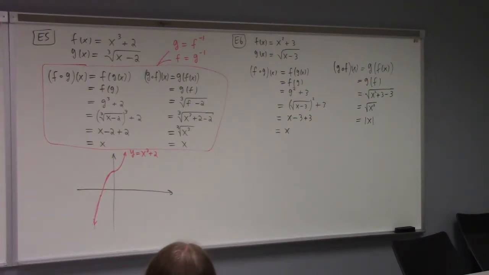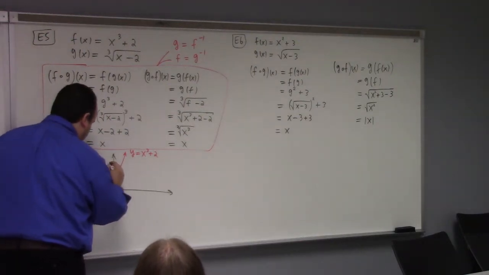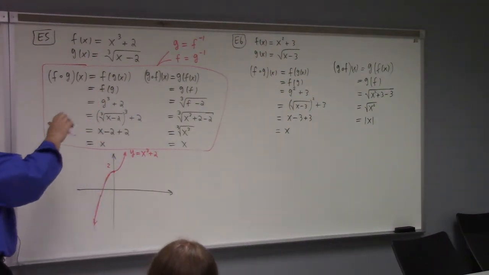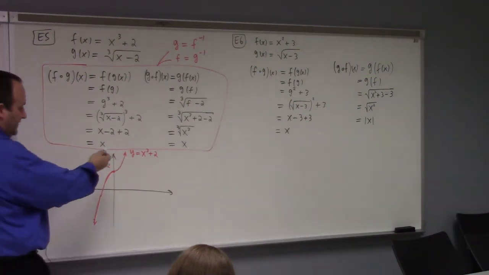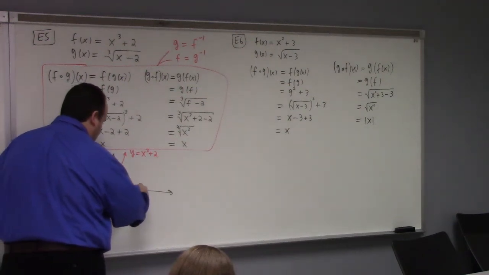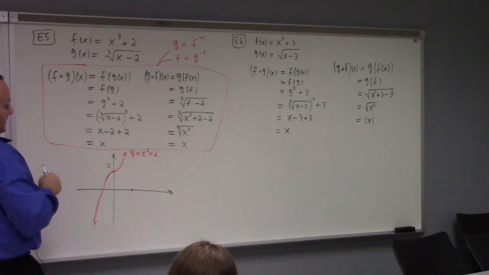What's the graph of g inverse look like? It's the cube root function, right? Shifted 2 to the right, and I'll draw that one in blue. And check this out: there was a y-intercept of 2 for the function, so there's going to be an x-intercept of 2 for the inverse function, right?